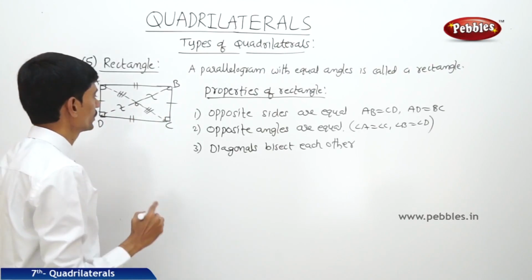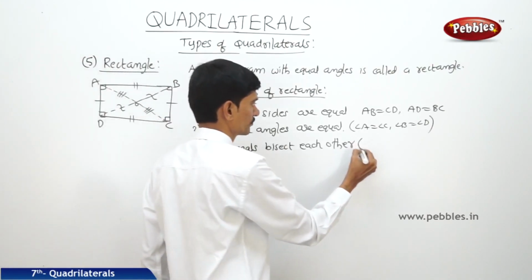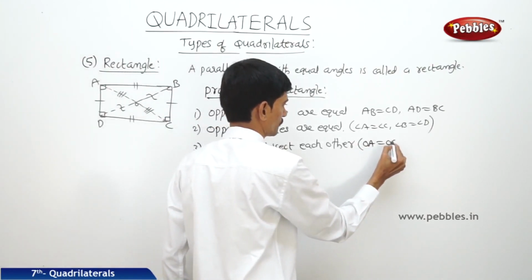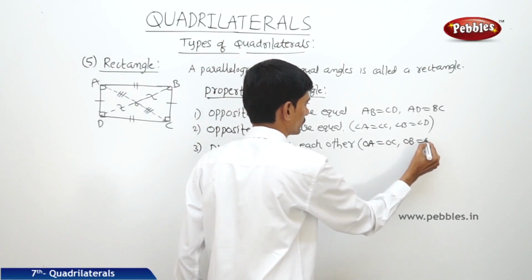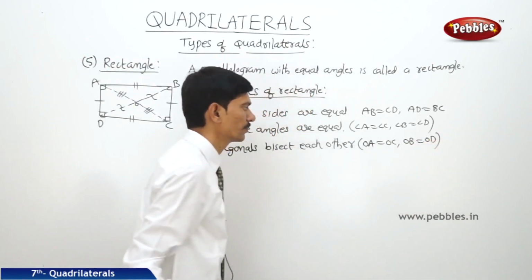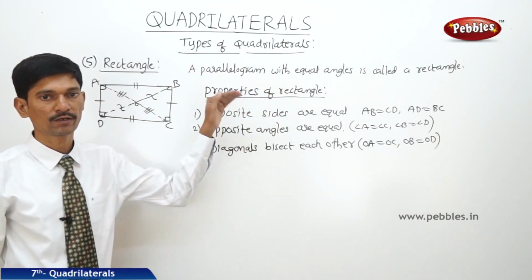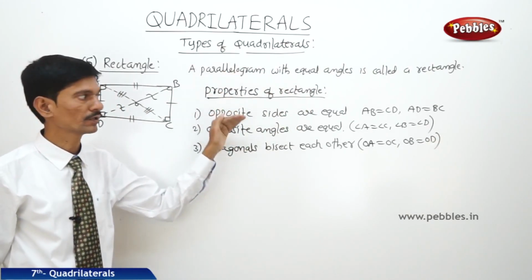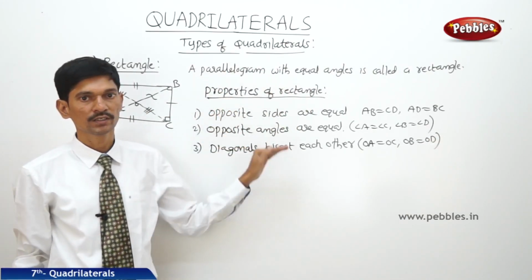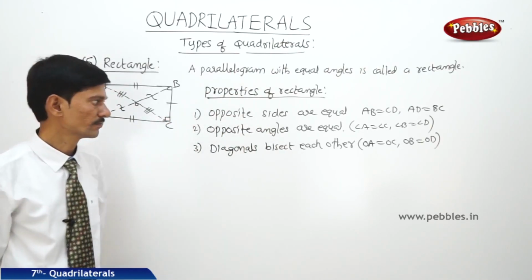So here OA equal to OC and OB equals to OD. So a rectangle being a parallelogram, all the properties of the parallelogram will also be applicable in case of the rectangle.